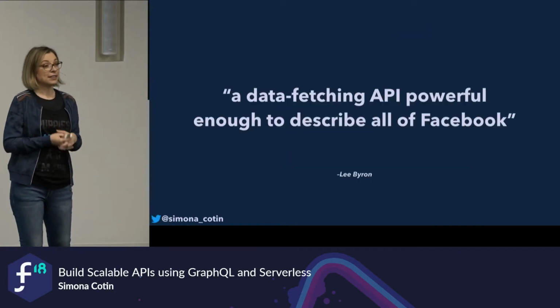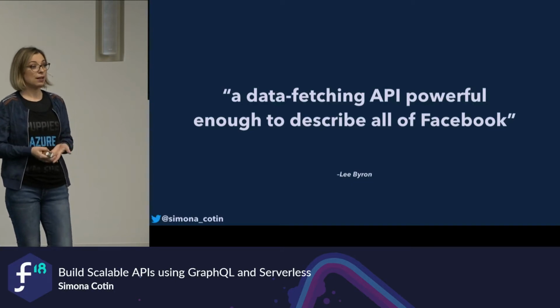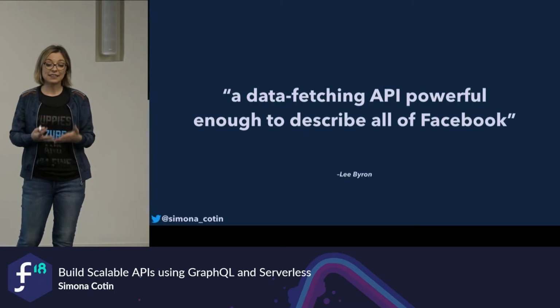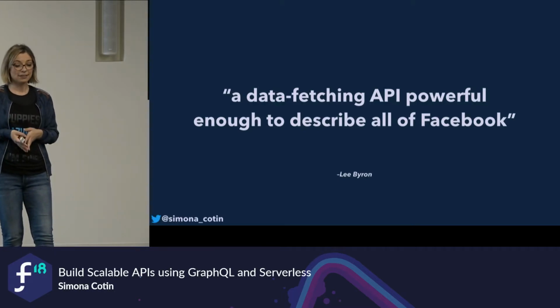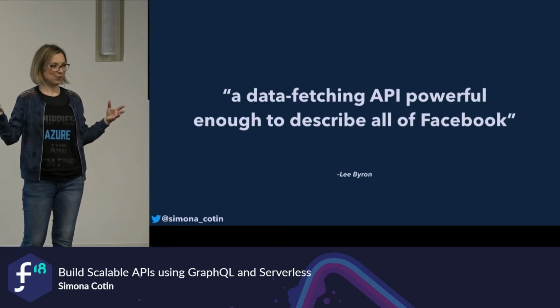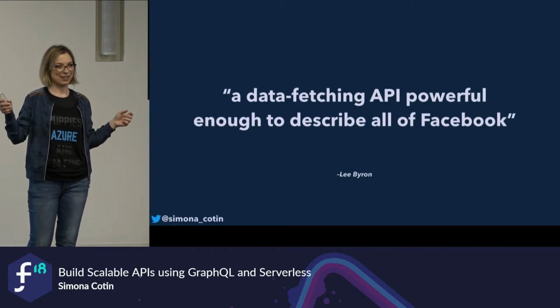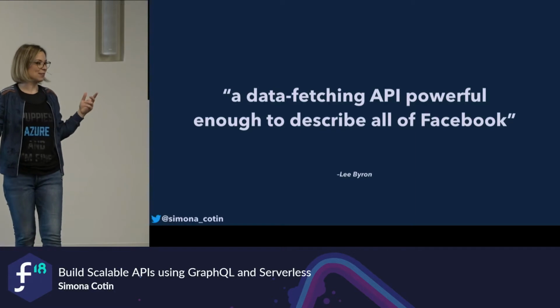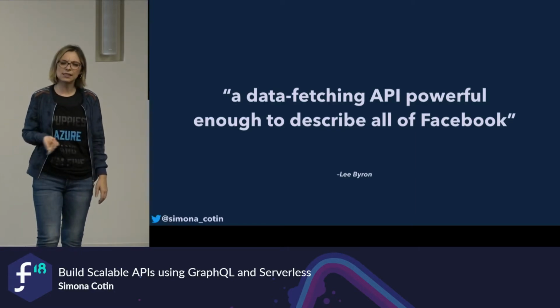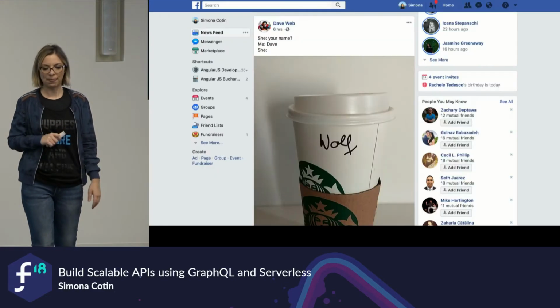And the reason why they started using GraphQL and they built GraphQL was because they needed a data fetching API powerful enough to describe all of Facebook. That's kind of impressive, right? It's yet another application that has immense scale. So what does this all of Facebook mean?